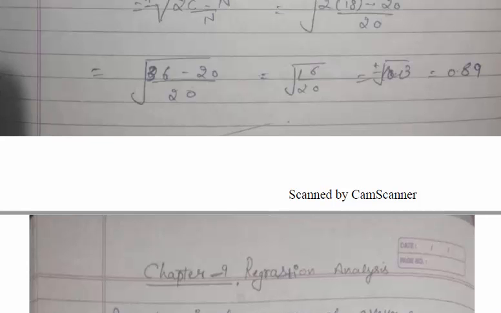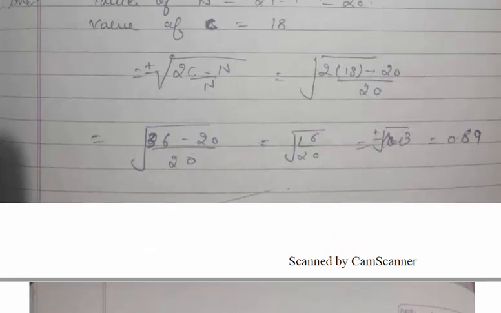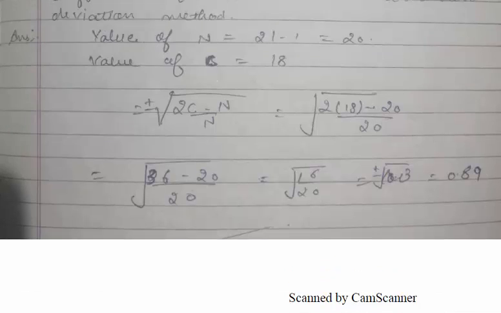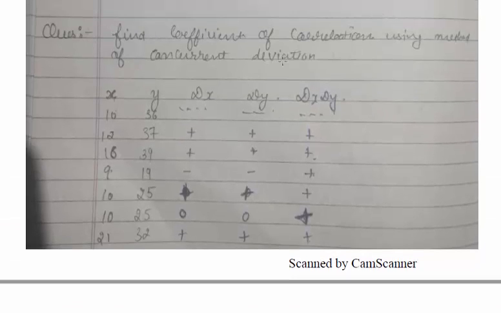If the sign of this term is positive, then outside the square root we take a positive sign. So our answer is 0.89.